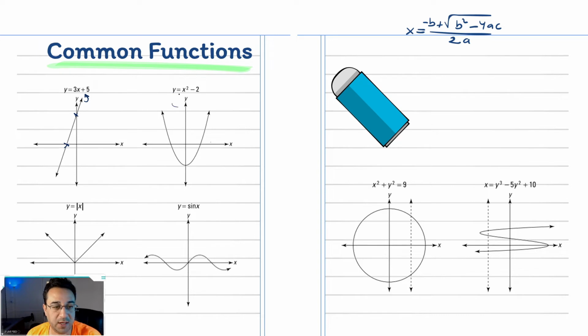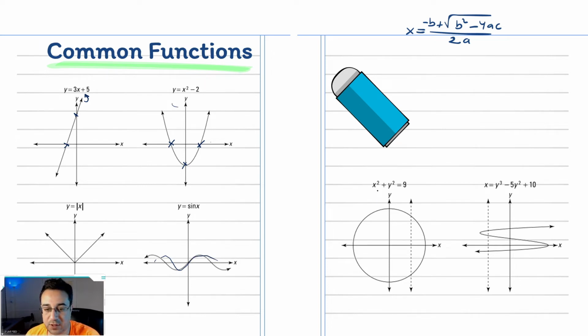If you have y equals x squared minus 2, same thing, you see where this function is crossing the x-axis and y-axis, having 3 points in this case. We know that this is a quadratic equation. If you have y equals the absolute value of x, then this is how it looks. As you remember, y equals sine of x will be a sinusoidal form, as you can see here.